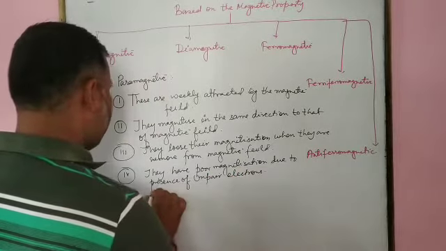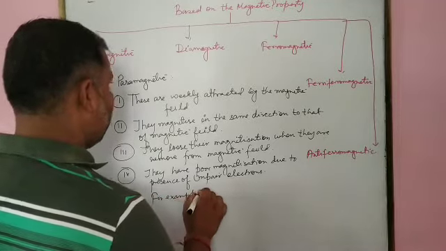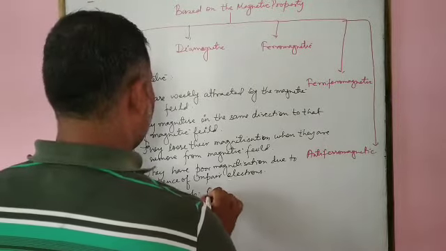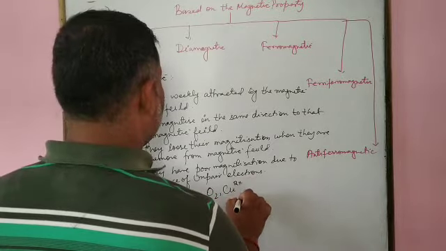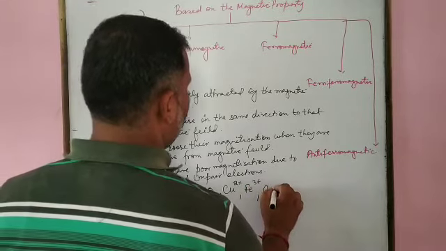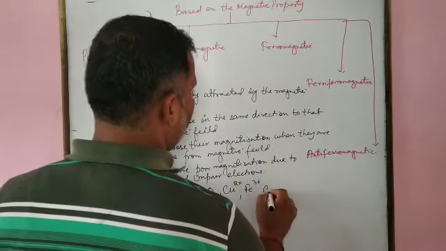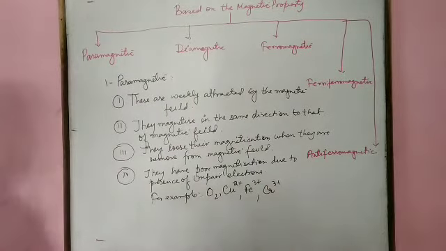For example, we have O2, Cu2 plus, Fe3 plus, and chromium 3 plus.